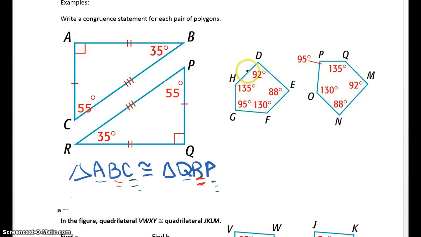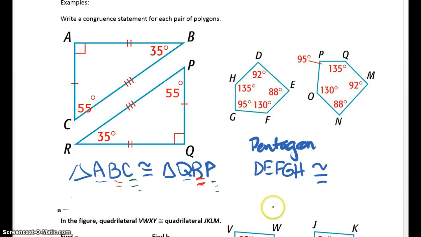Now, if we look over here, this shape is 1, 2, 3, 4, 5-sided. It's not regular, but they're pentagons. So we look at the first one, and we're going to start with D, E, F, G, H. So we say pentagon DEFGH is congruent to pentagon what?